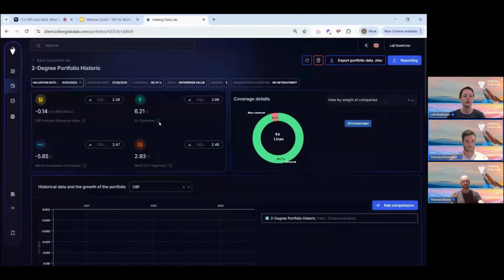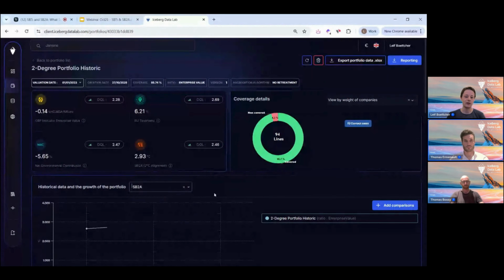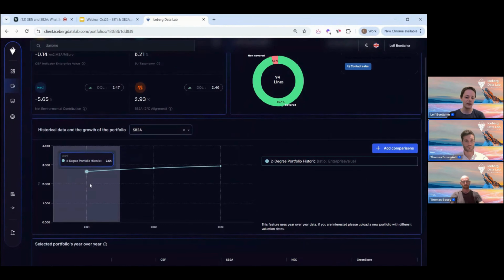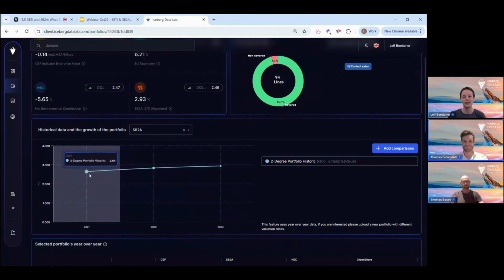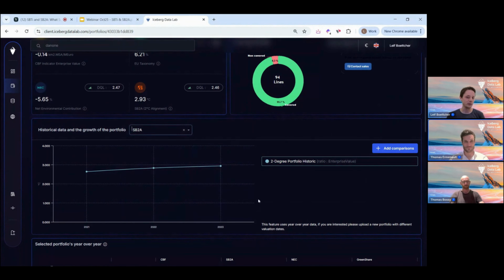I see a couple of indicators that have to do also with other products, but mainly I see the 2.9 degrees, which unfortunately means I'm not currently aligned. And if I look into the historic data, I can even see that I'm not even improving, but doing worse than the years before. So something must be wrong.